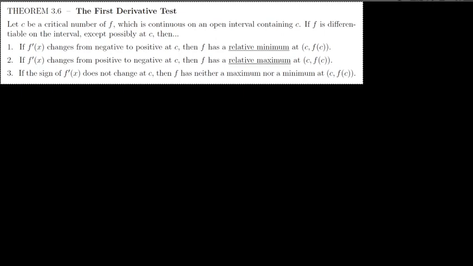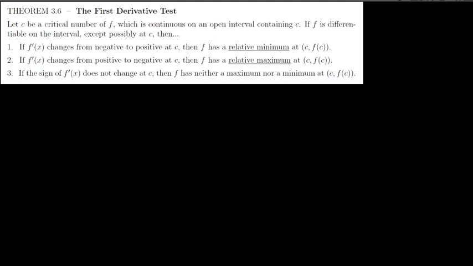Okay, so now we come to the main topic for this section, the first derivative test. The first derivative test is a test to determine whether a critical number gives you a maximum, a minimum, or neither, right? And you can see those are the three possibilities here.